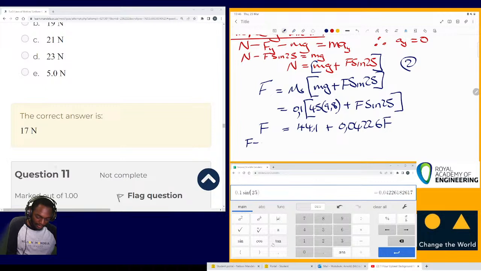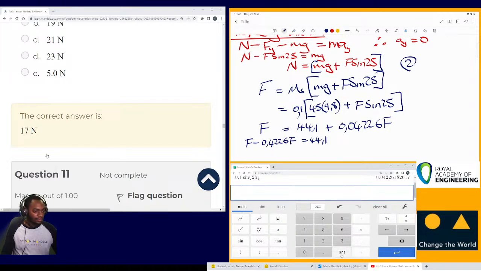F minus 0.4226 F equals 44.1. I can't really calculate the equations, I'm not sure where my calculator is.